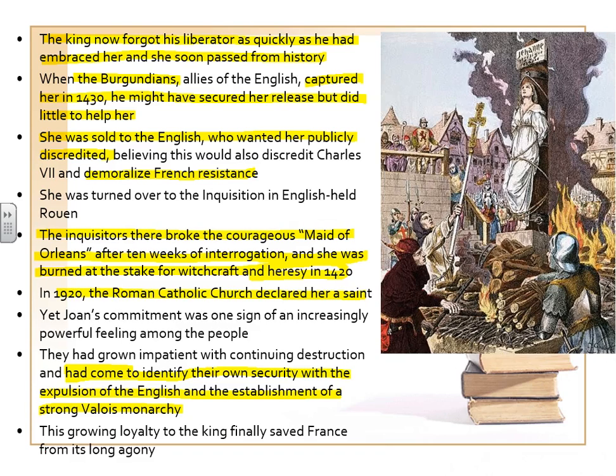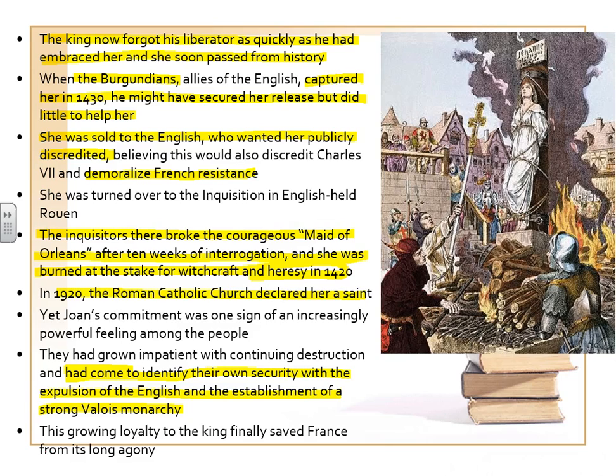And as she is put up on the pyre, the wood, and the stake has been erected where she's tied, right before they ignite the fire, she takes back her recant. She says she in fact does hear voices, that she did hear these saints, and the saints spoke from God, and that she is true, and that she is essentially a prophet of God. And so the English quickly burn her at the stake.